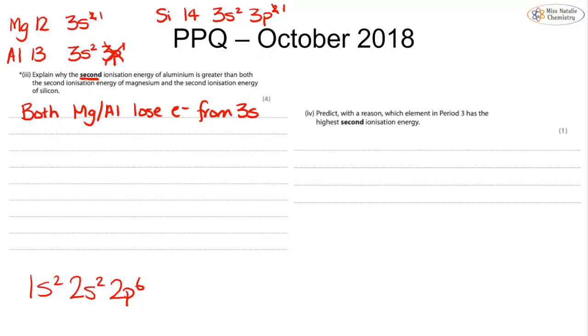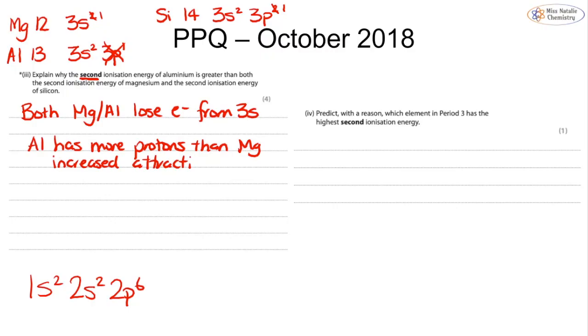But because aluminium has slightly more protons than the magnesium, that's going to give you an increased attraction between the electrons and the nucleus for the aluminium. Of course, you would be putting this into much better sentences than I am.